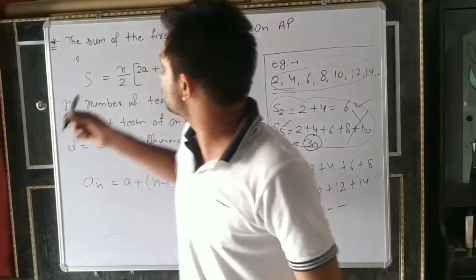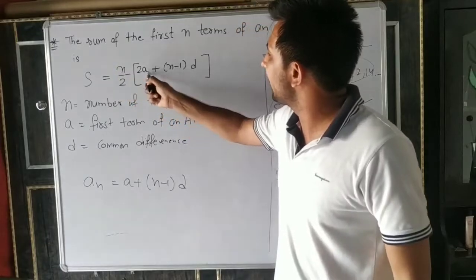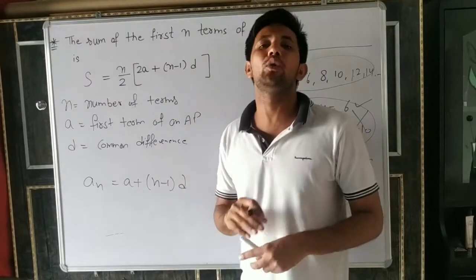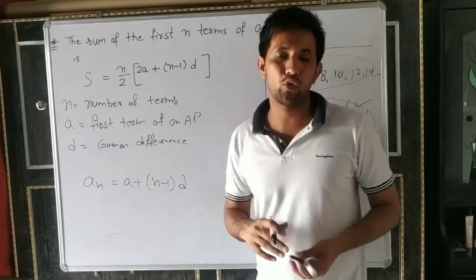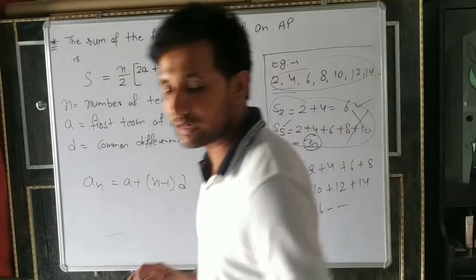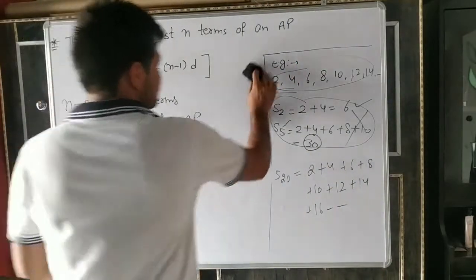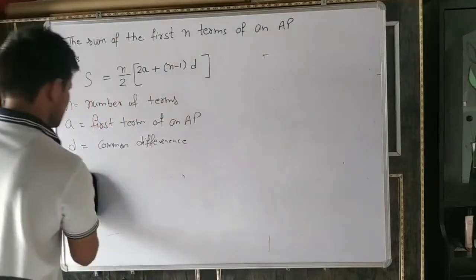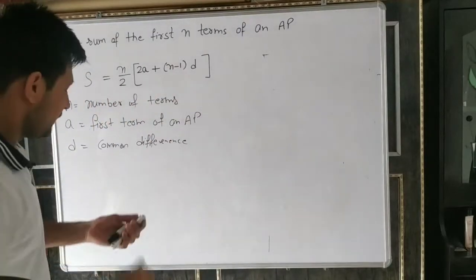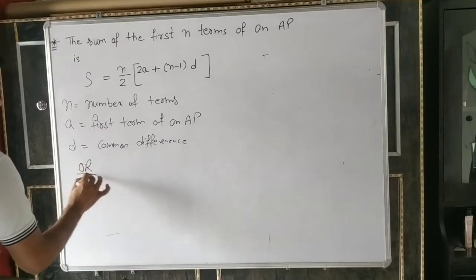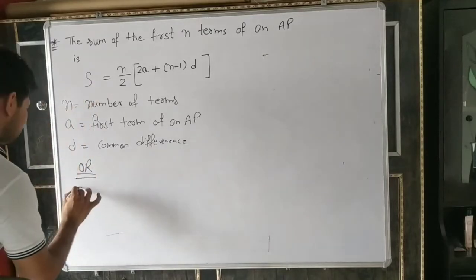So out of these 4, S, n, a, d, 3 are given every time, and we have to find the fourth one. Understand, dear? Sometimes we can use one more formula. We can convert this formula like this also, or what is S?